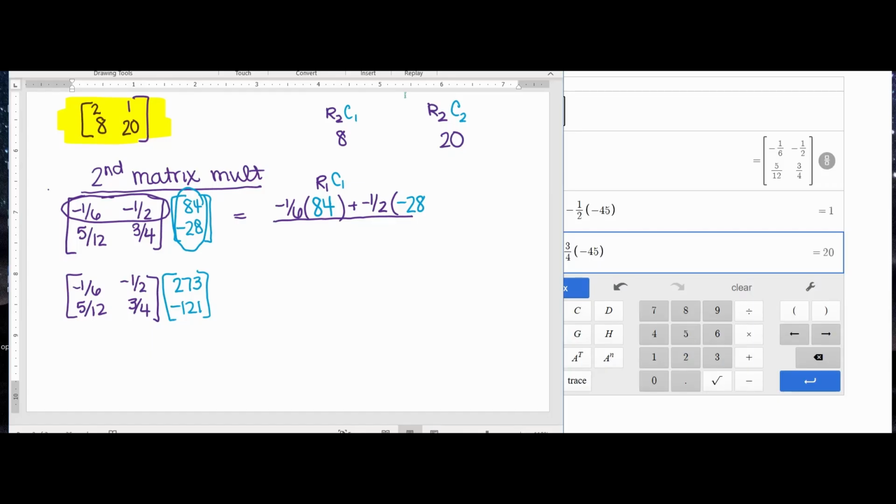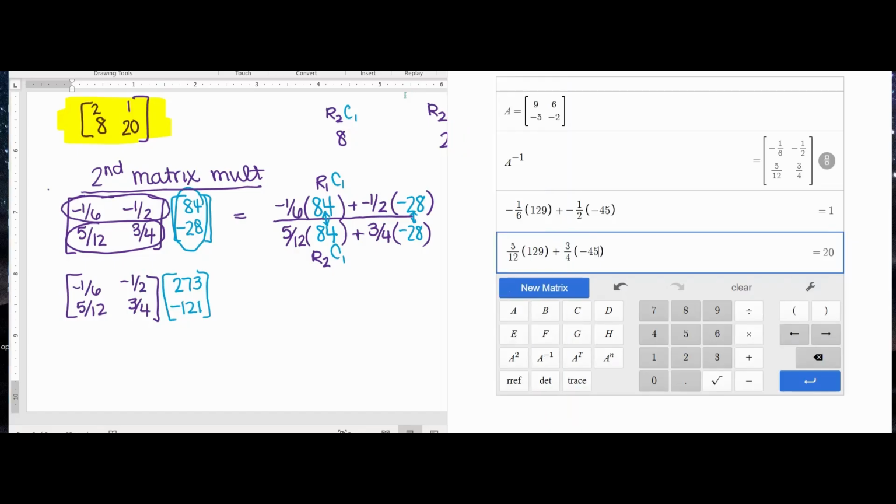And since we're done with row 1, we can go to row 2. We're going to have row 2 times column 1, which means we're going to take 5/12 times 84 plus 3/4 times negative 28. And again, they line up in the parentheses.